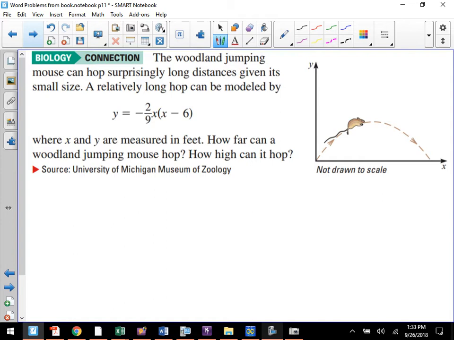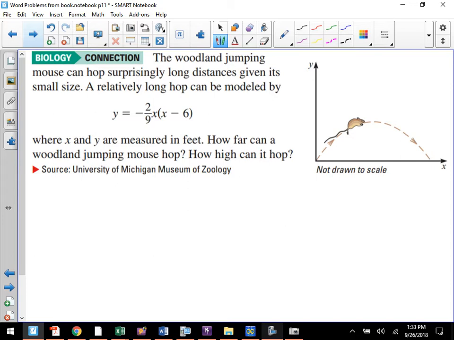The woodland jumping mouse can hop surprisingly long distances, given its small size. A relatively long hop can be modeled by the following: negative 2/9 x times the quantity x minus 6. That's pretty darn close to being into what format?